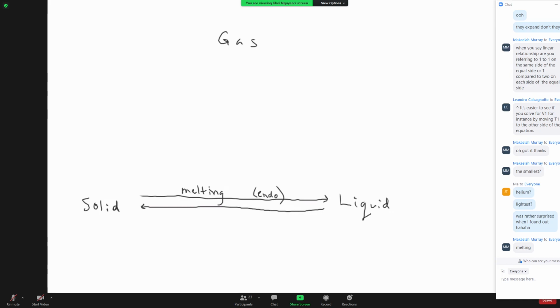What about going the opposite way, from that liquid to a solid? This is an exothermic process. We're giving off energy. By the way, the energy associated with this is the delta H of fusion. Yeah, we're talking about freezing or fusion. Okay. What about to go from a liquid to a gas?